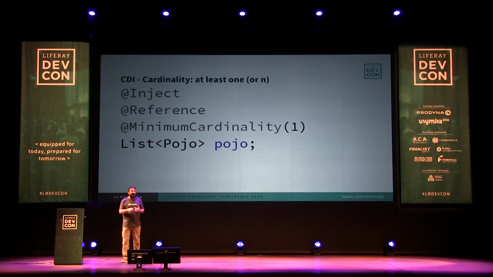In CDI, you can actually express this directly because there's no explicit at least 1. We just have this annotation that lets you put your minimum cardinality there. So you can say at least 2, at least 3, at least 4, at least 5 right in your code. But you can still override this through the configuration. However, you can't go less than what the minimum says, just to be clear.